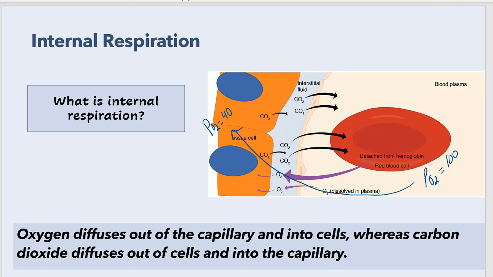The concentration of carbon dioxide here is around 45, and the concentration of carbon dioxide in the bloodstream is around 40. So carbon dioxide will diffuse from an area of high pressure to low pressure, and the blood will then transport it to the lungs for, again, external exchange.